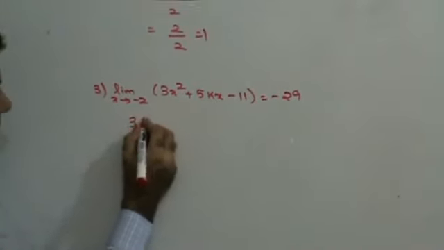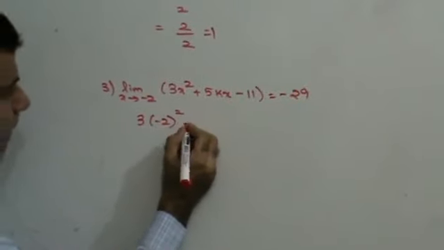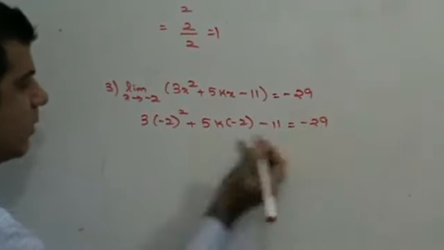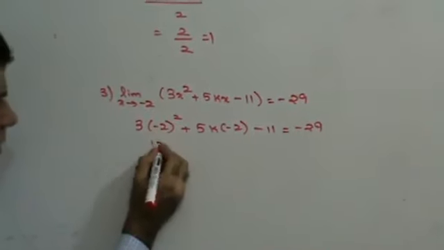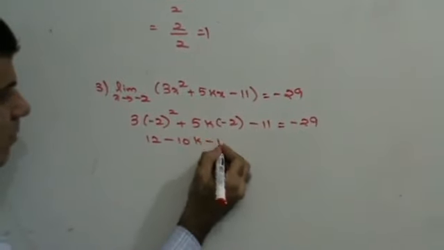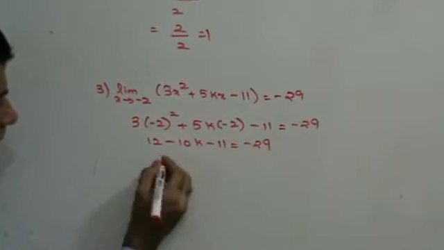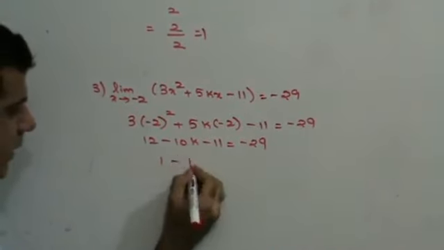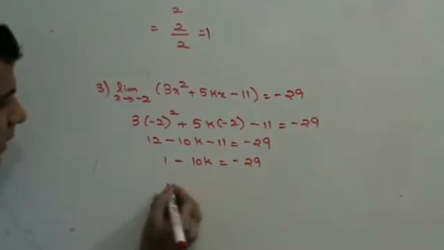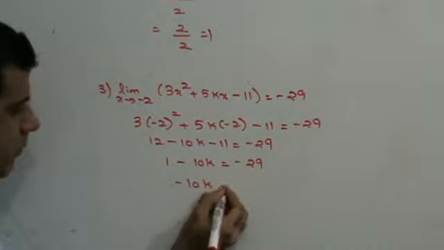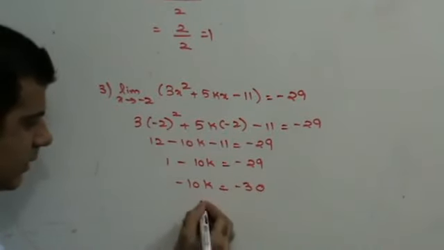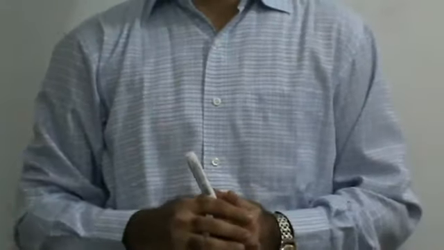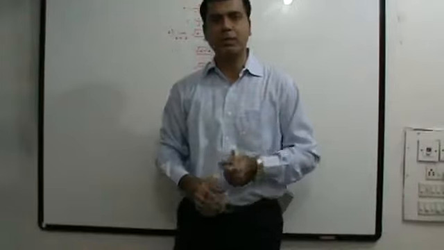So this is going to be 3 into minus 2 the whole square plus 5k into minus 2 minus 11 is minus 29. This is 4 3s are 12 minus 10k minus 11 is minus 29. This is 1 minus 10k is minus 29, minus 10k, take the 1 on the other side, is minus 30, k is 3. So this is your type 1, wherein you have to just substitute the value.